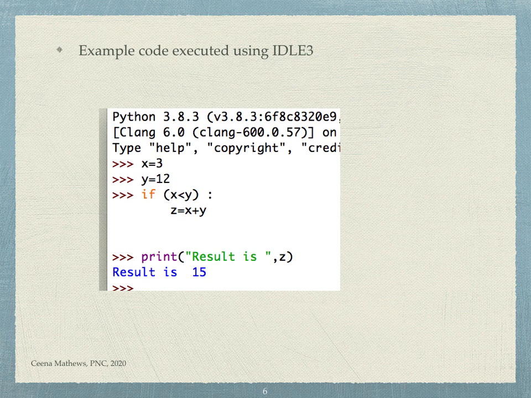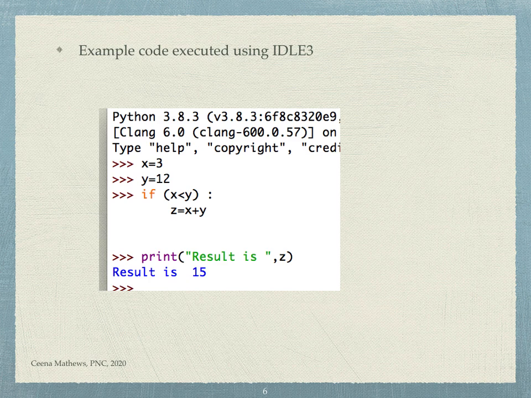This example code has been executed using IDLE 3, which is an interactive environment for Python 3. Here I have given the value of x as 3 and y as 12. In the next statement I am checking if x is less than y.